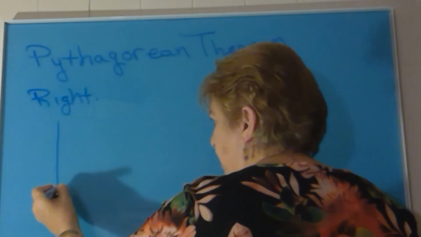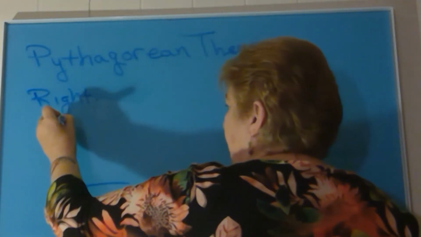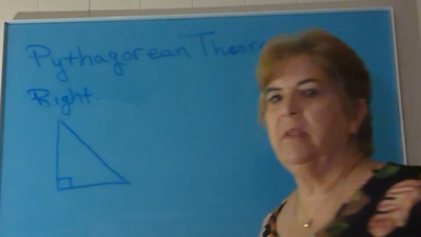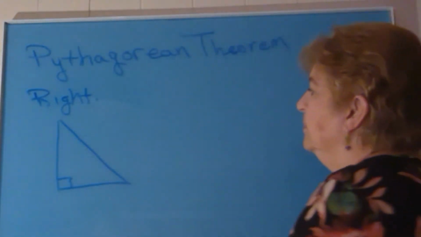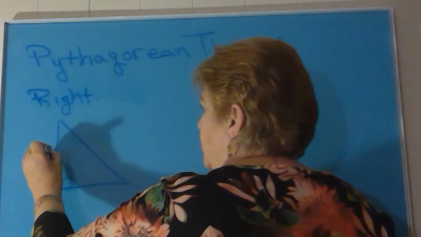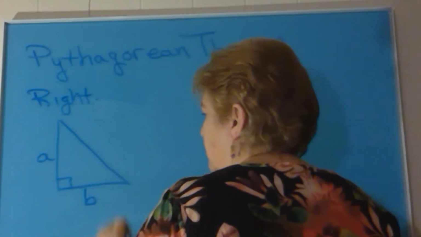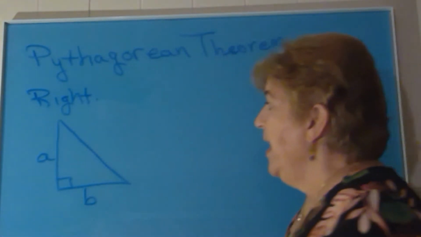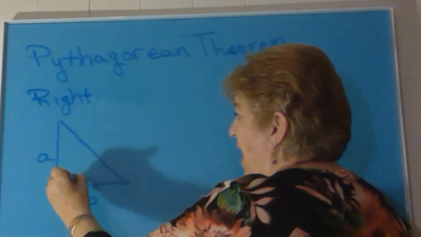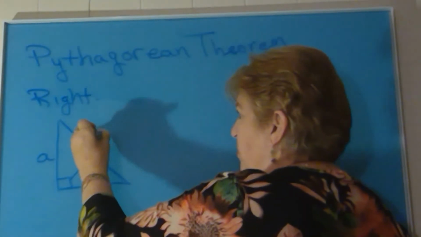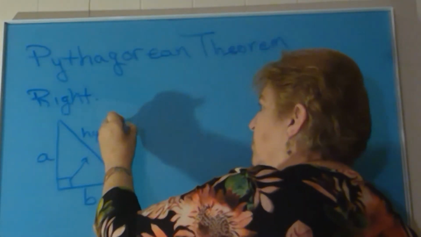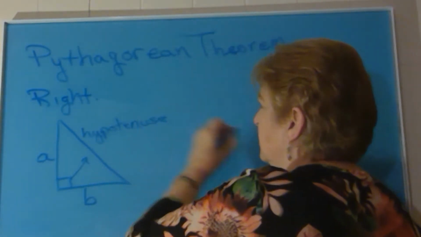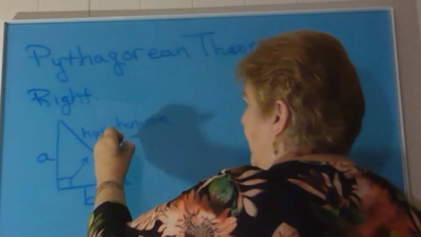A right triangle is a triangle that has one right angle, and it's usually marked like that. We'll usually label the legs, the two sides that make the right angle, as A and B, and the side opposite the right angle is called the hypotenuse. And we label that C.